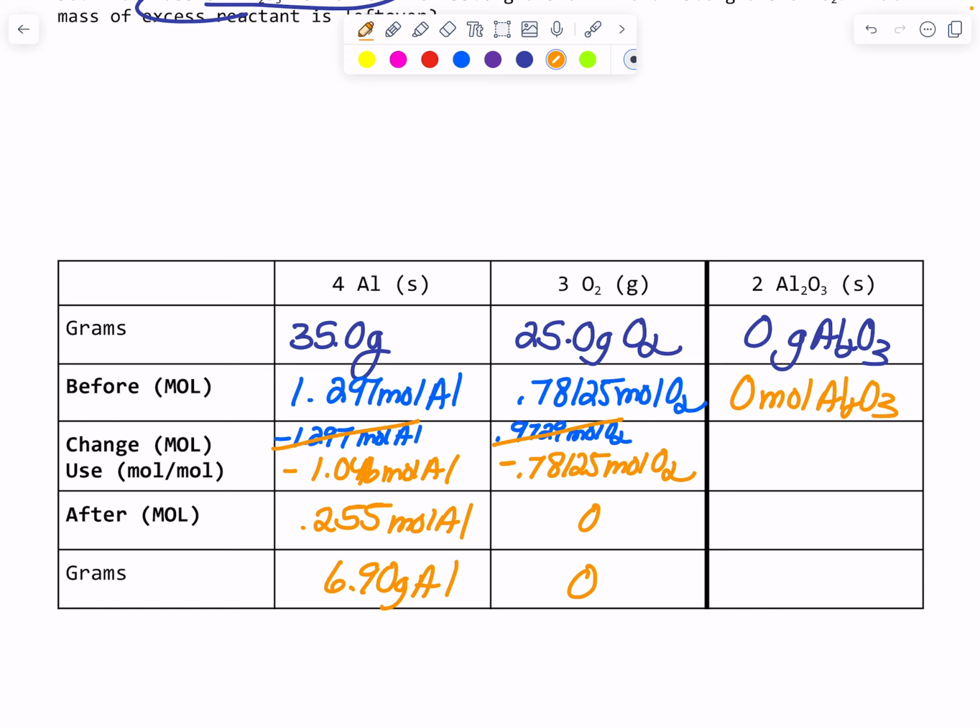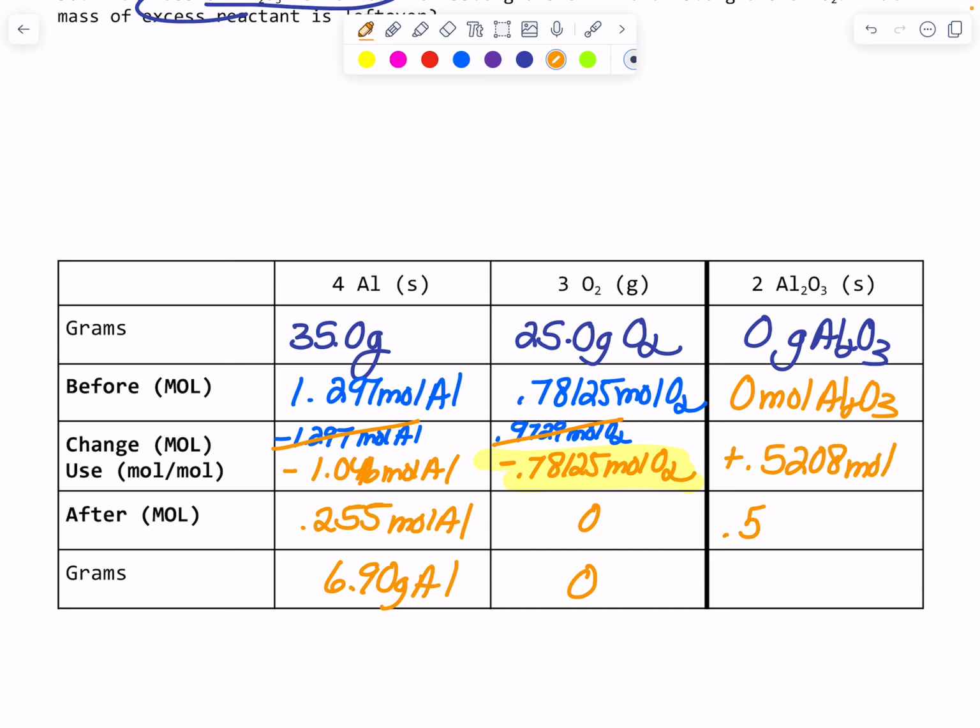Using the coefficients from the balanced chemical equation, and now this limiting reactant that I have identified, I can figure out that I will make 0.5208 moles of aluminum oxide.